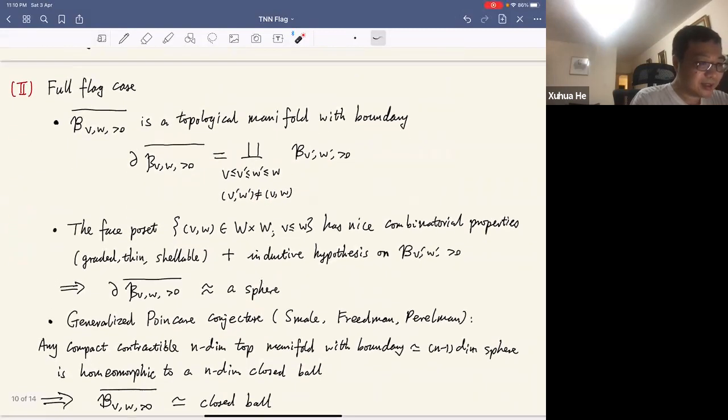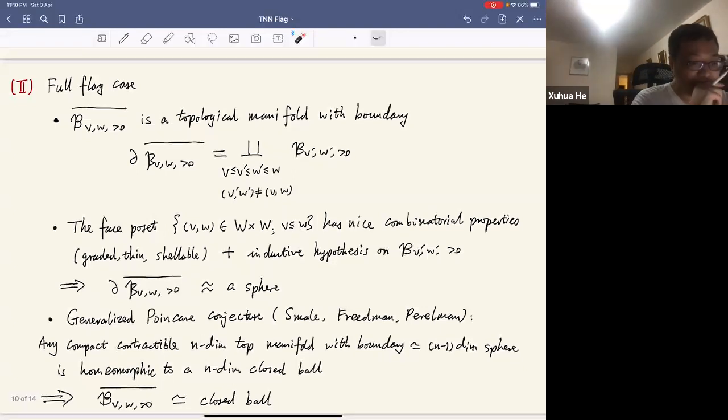If we argue by induction, then for all the other cells, the Chlorines are homeomorphic to a closed ball of smaller dimension. There is also a nice combinatorial property which controls roughly how these different cells are glued together. By putting this information together, we know that the boundary is homeomorphic to a sphere.